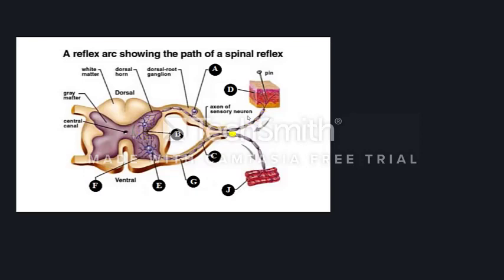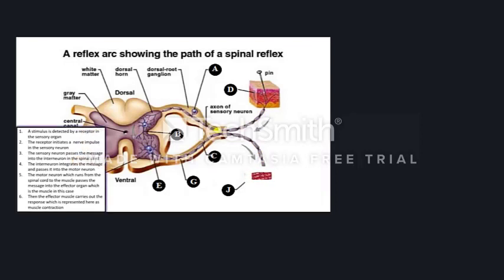The interneuron integrates the message and passes it into the motor neuron, as you can see in the animation, okay? Now, the motor neuron, which runs from the spinal cord to the muscle, passes the message into the effector organ, which is the muscle in this case, okay? And then the effector muscle carries out the response, which is represented here as a muscle contraction.